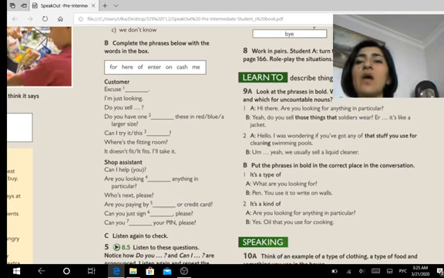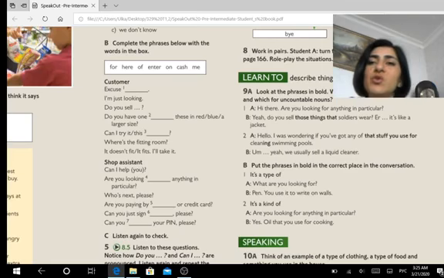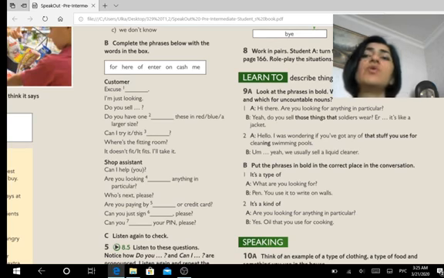So here you have excuse. It's very easy. You add me, excuse me, then I'm just looking. Do you sell? Here you don't need. If you have dots, you don't need a word. If you have a line, then you need to fill in this gap. So I don't think you will have problems with it.